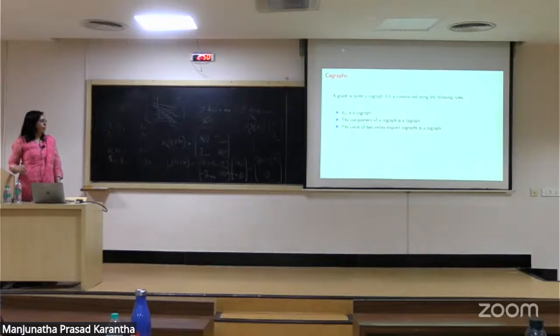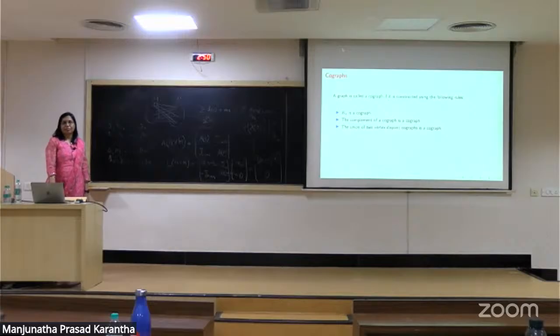Union of two co-graphs is also a co-graph. If you want to avoid complement, you can use a join also, because the join of two graphs can be taken as the union and then the complement. That will be the join. So in some books you can say that join and union give co-graphs.